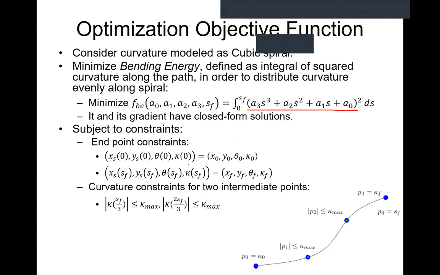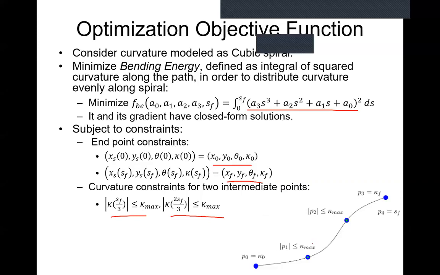Subject to constraints, one is the endpoint constraints at the two endpoints, and also the curvature constraints for two intermediate points, 1/3 of the path and 2/3 of the path. It's because the curvature function is smooth.